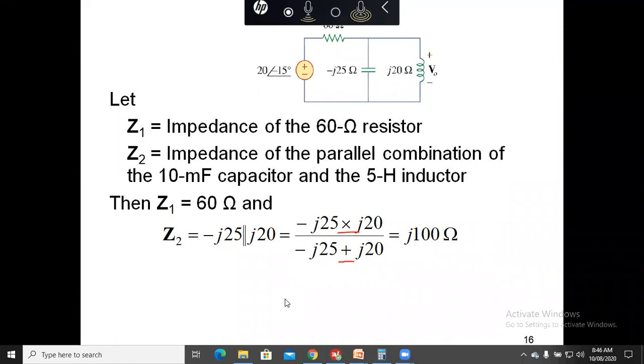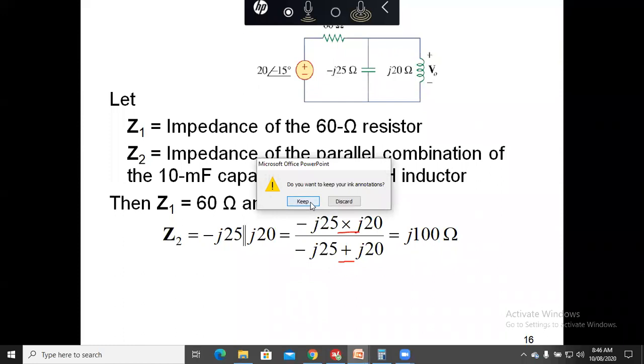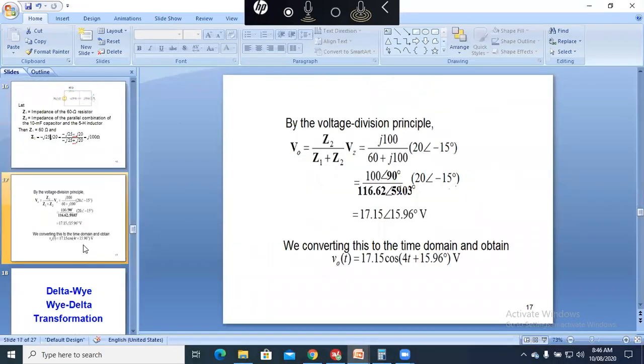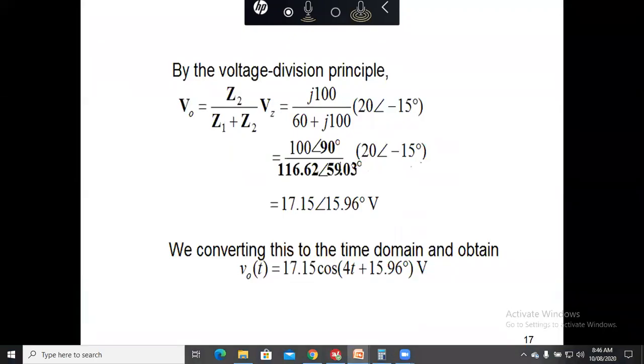So we see here that we apply the voltage divider rule because it is the two impedances in series, and we have to find the voltage across the second impedance.